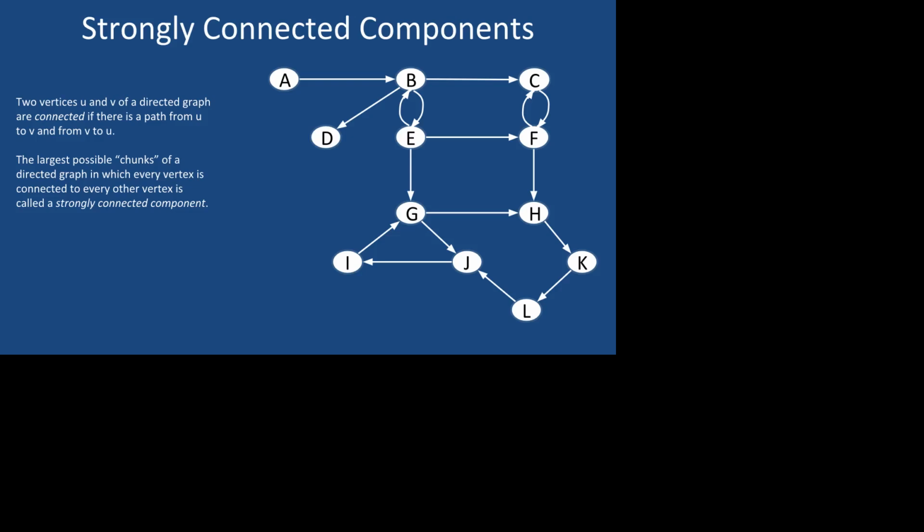So what is a strongly connected component that contains the vertex D? All right, it contains D. Can you put any other vertices in with D and have them all be connected to each other? No, because it's a sink. So that won't work.